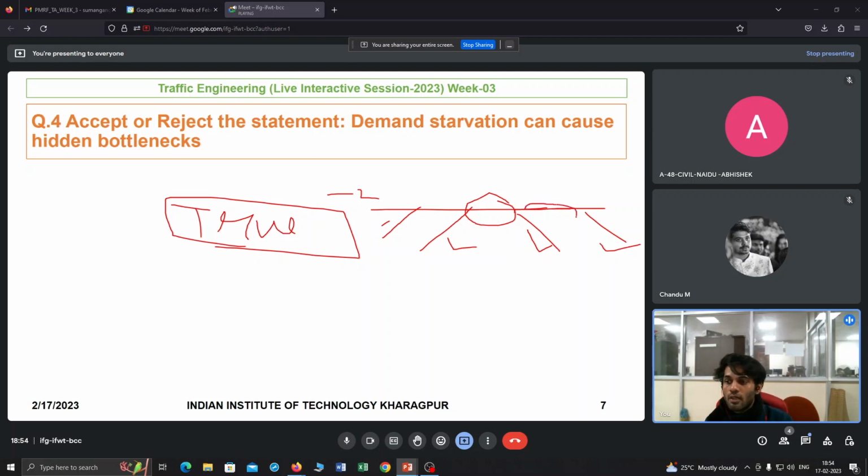You might feel that the bottlenecks are there, but actually the bottlenecks are on the previous section. So basically it's a true statement that demand starvation can cause hidden bottlenecks, right? I am not going to discuss it further because without an example it is very difficult to show how it happens, so you can refer directly to the PPTs, and you will understand how it happens.